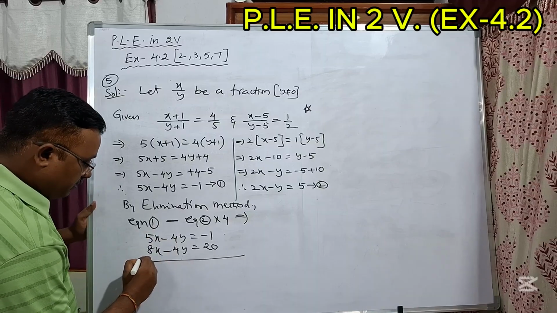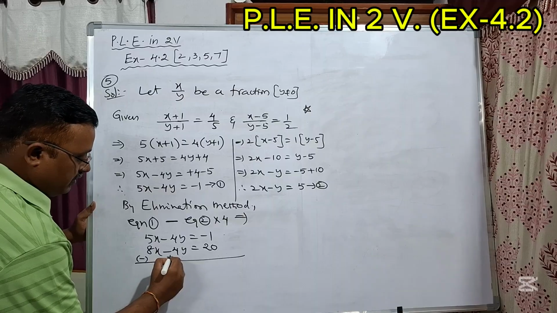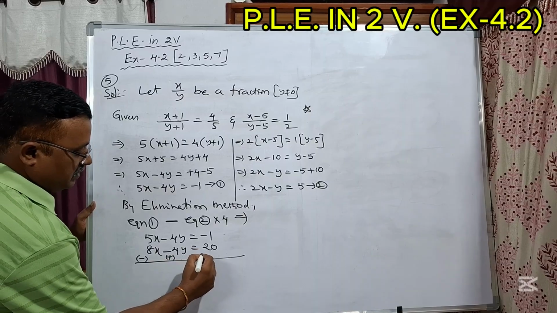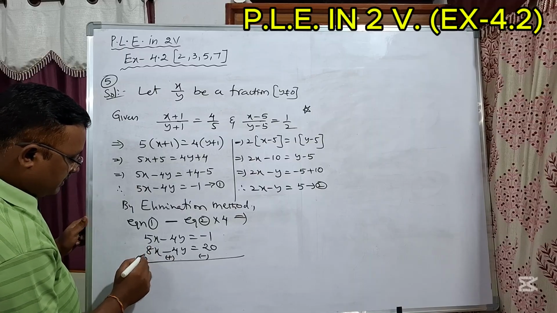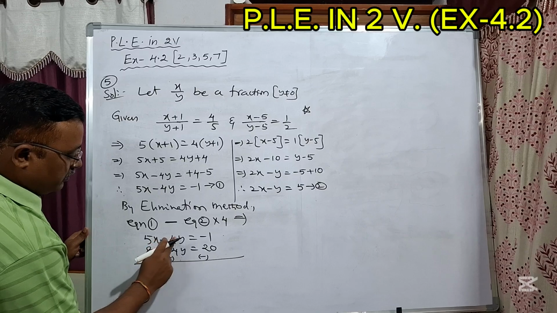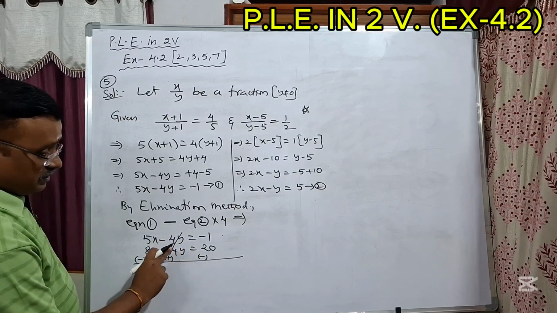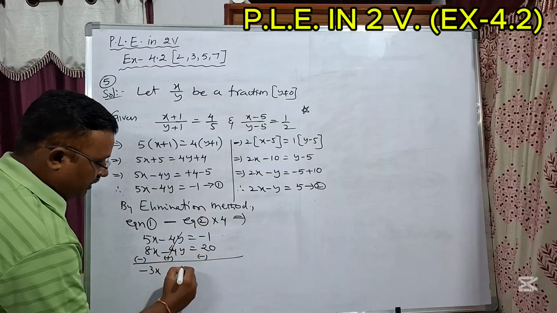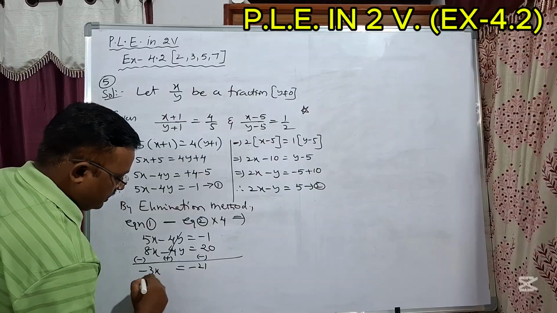Okay, by the subtraction, this positive value will become minus, this negative value will become plus, this positive value will become minus. Now by this, 5x minus 8x will become minus 3x, minus 4y plus 4y, they get cancelled. For that purpose only we did all the things. Equal to minus 1 minus 20, which is minus 21.